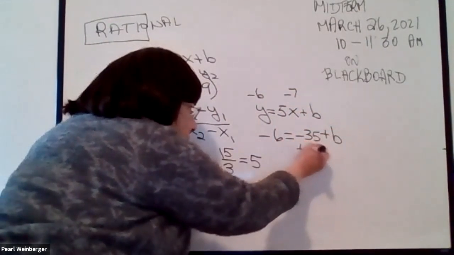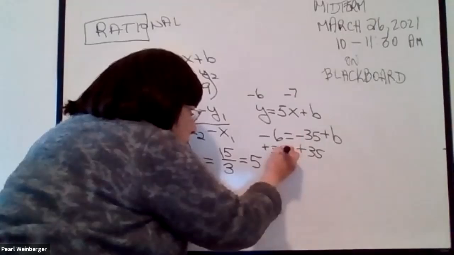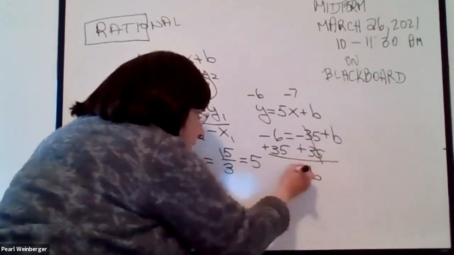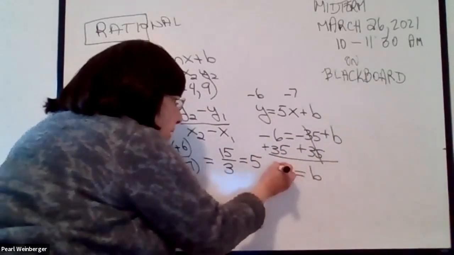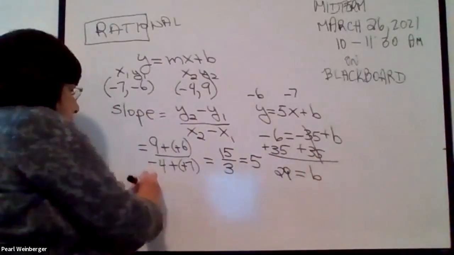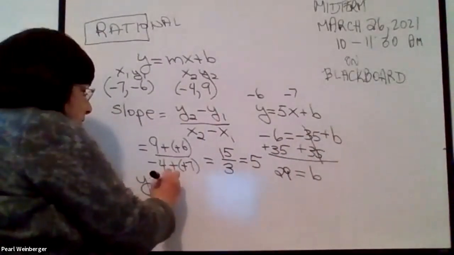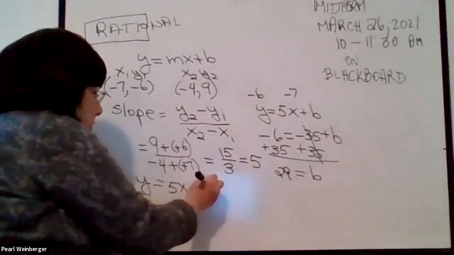And then I add 35 to both sides, which will give me that b equals -6 plus 35, which is +29. So my final answer becomes y equals 5x plus 29.